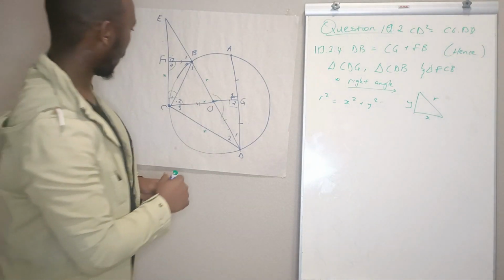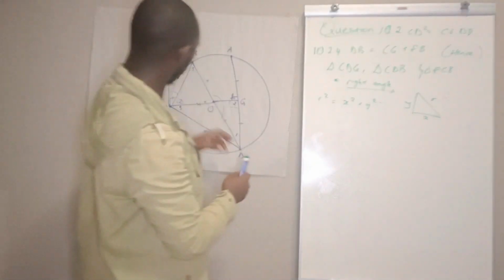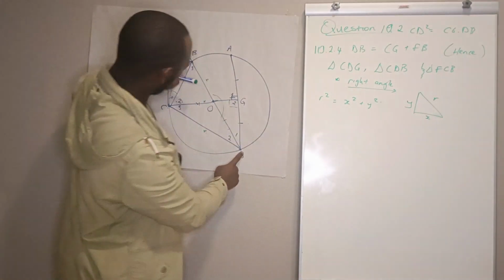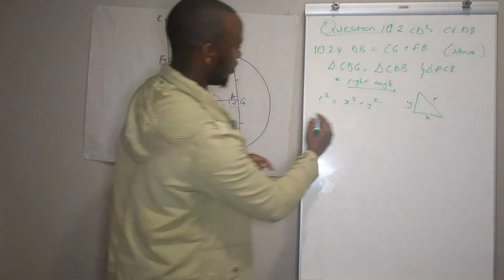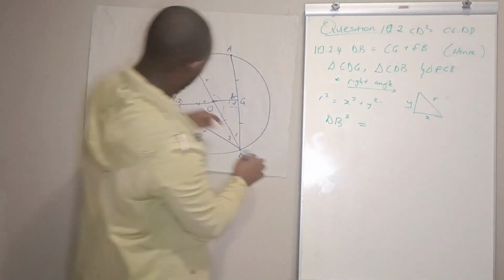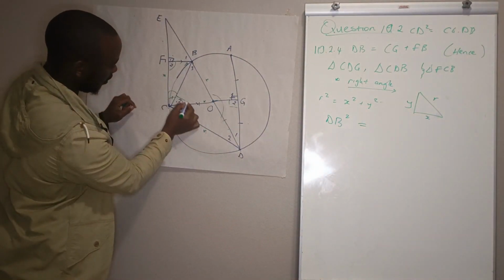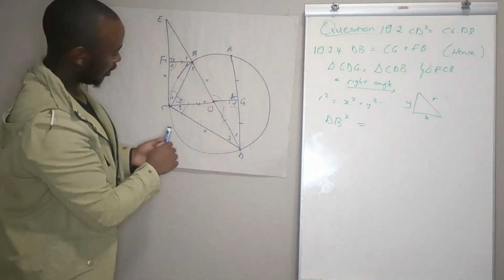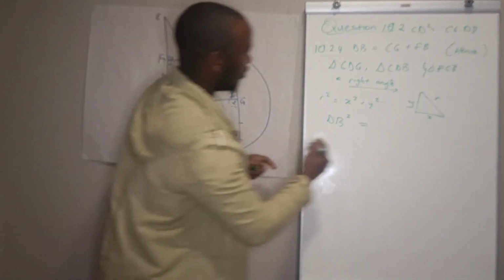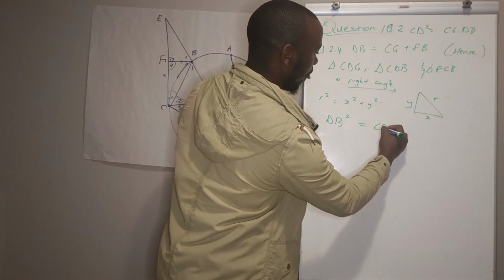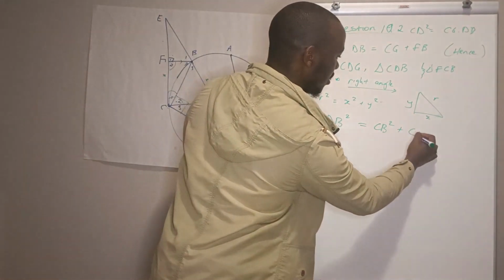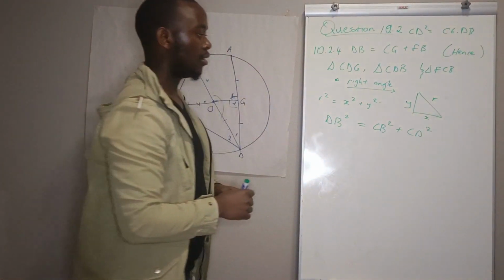In here, let's start with these two triangles. So let's start with CB. So this is our hypotenuse, which is DB squared. This is a right angle. And then for the right angle, we have that CB squared plus, so both of these sides, CD squared.